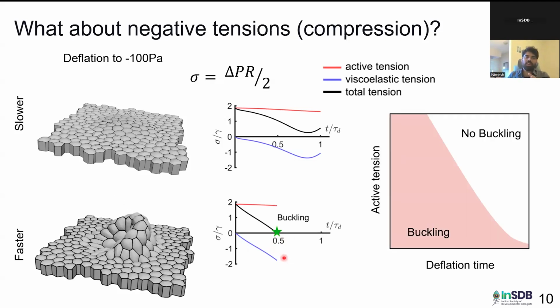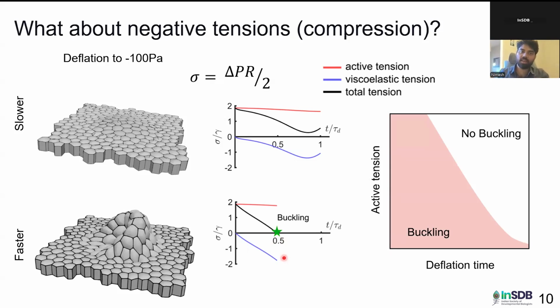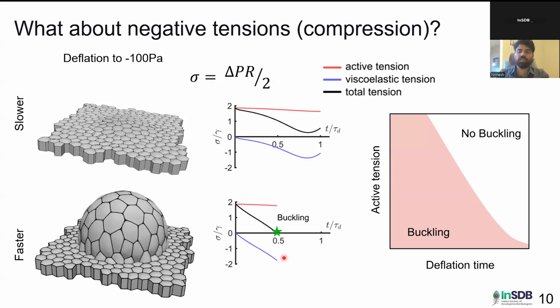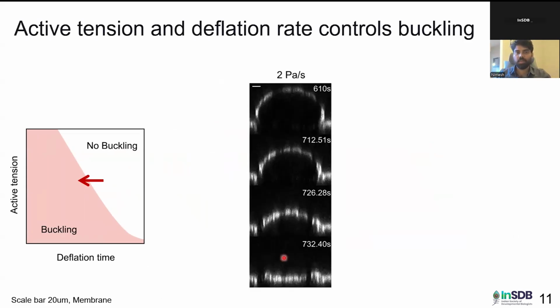So with the model, we understand there are two important parameters. One is deflation time and another is active tension, which controls the buckling. Deflation time is kind of obvious: if we deflate something very slowly, like in this case, the shell will always maintain spherical curvature because there is enough time for cells to dissipate viscoelastic tensions and it comes down flat.